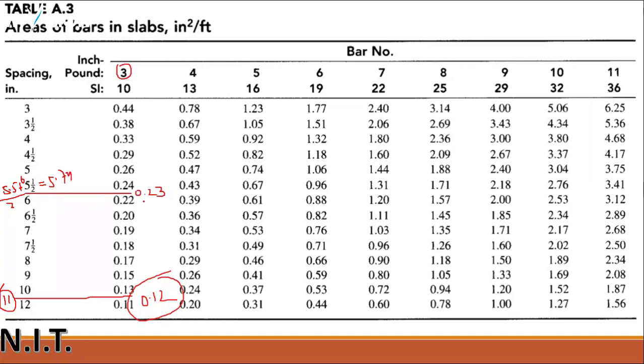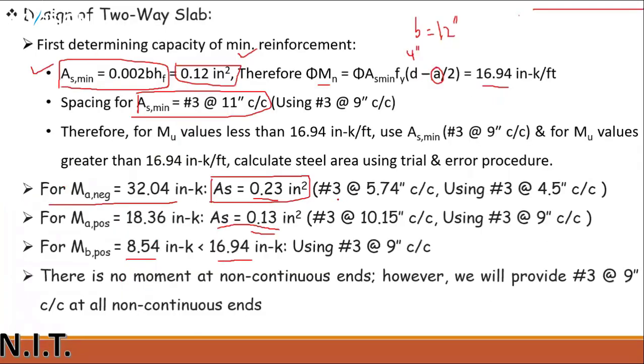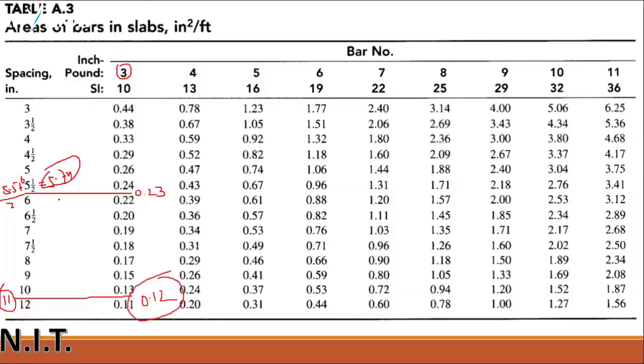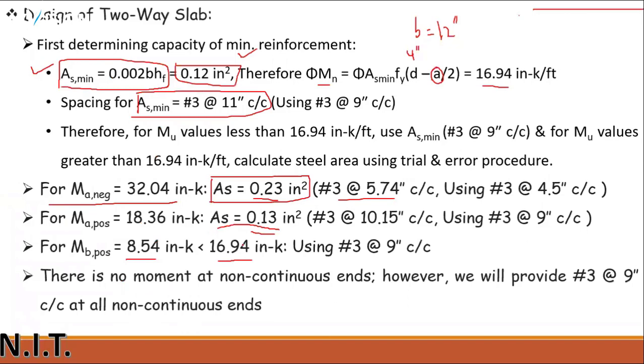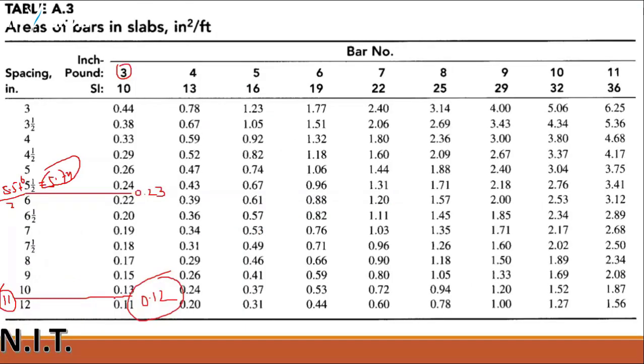So that's why I am using 0.23, which is number 3 bar size, and the spacing will be 5.74 inches. That's why it is written here. Clear? And similarly, the other value 0.13 is available here. 0.13 can be exactly provided on 10-inch center to center.